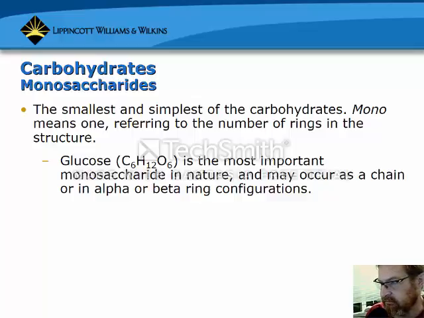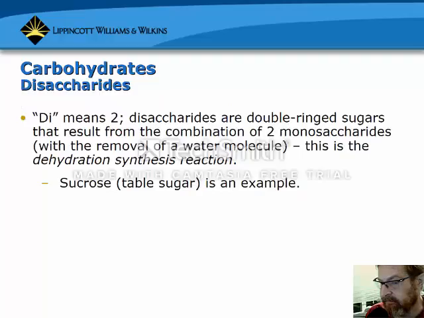Blood sugars are actually measuring the amount of glucose in your blood. If you have a disaccharide, that literally means 2, in other words you have 2 of those monosaccharides together. Sucrose, table sugar, is a very good example of that.